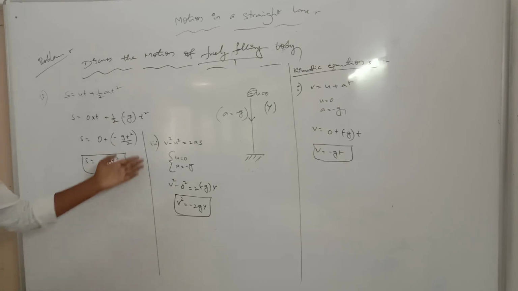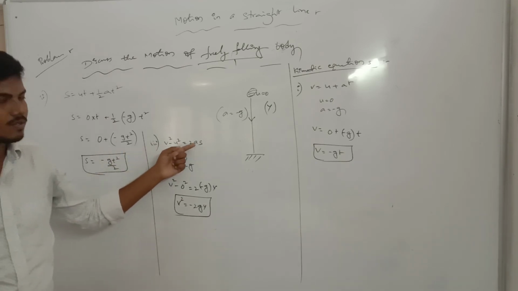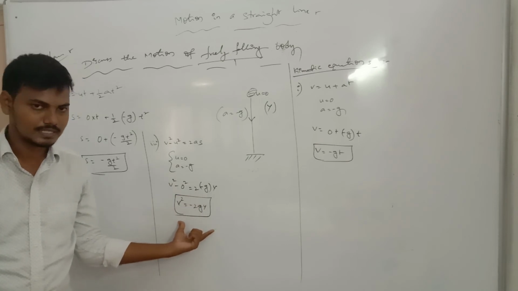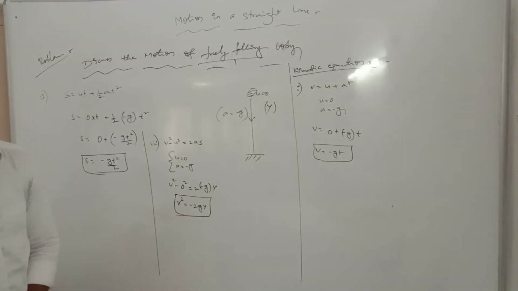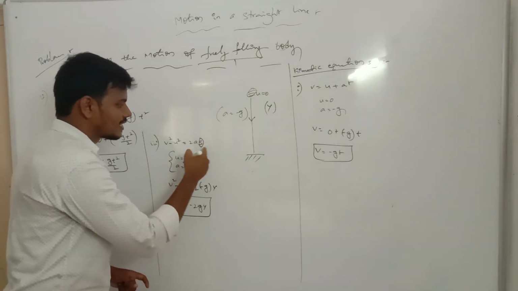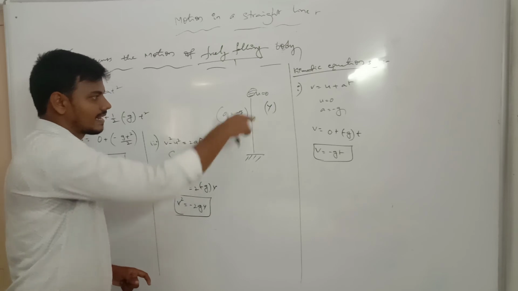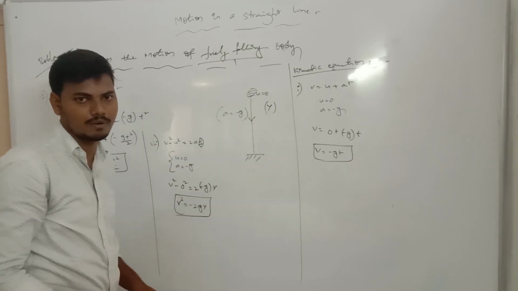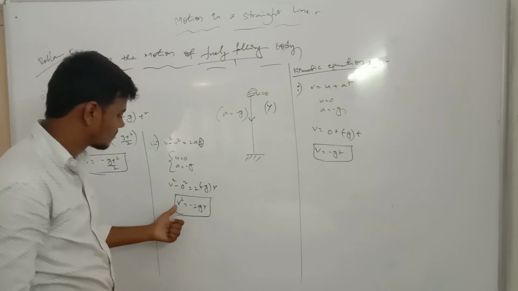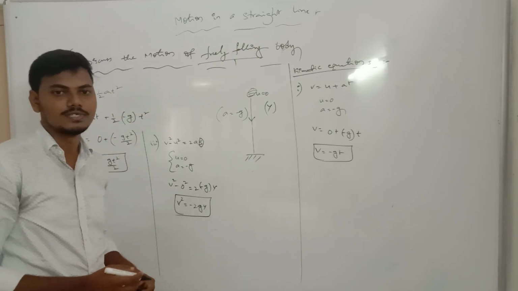The third, v square minus u square is equal to 2as, gives v square is equal to minus 2gy. We take the displacement always in the vertical direction of the body, represented by the y axis. Now v square is equal to minus 2gy.